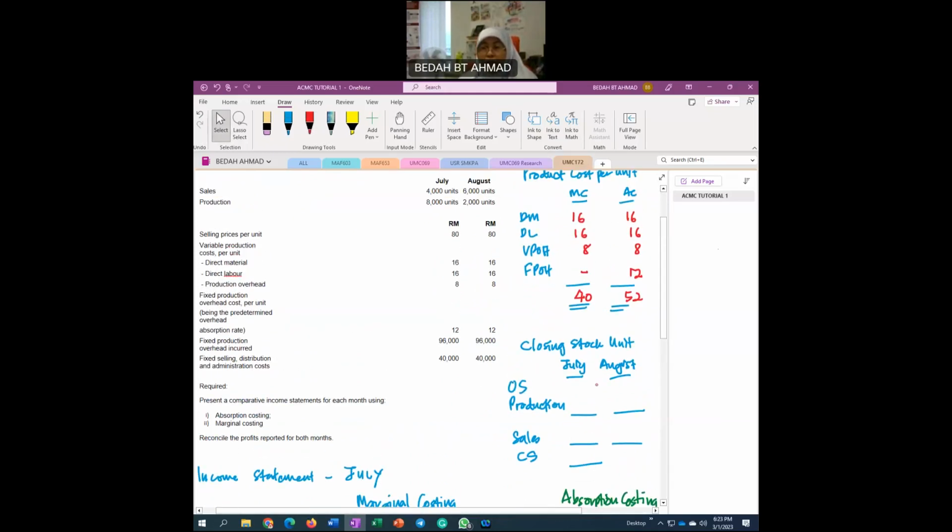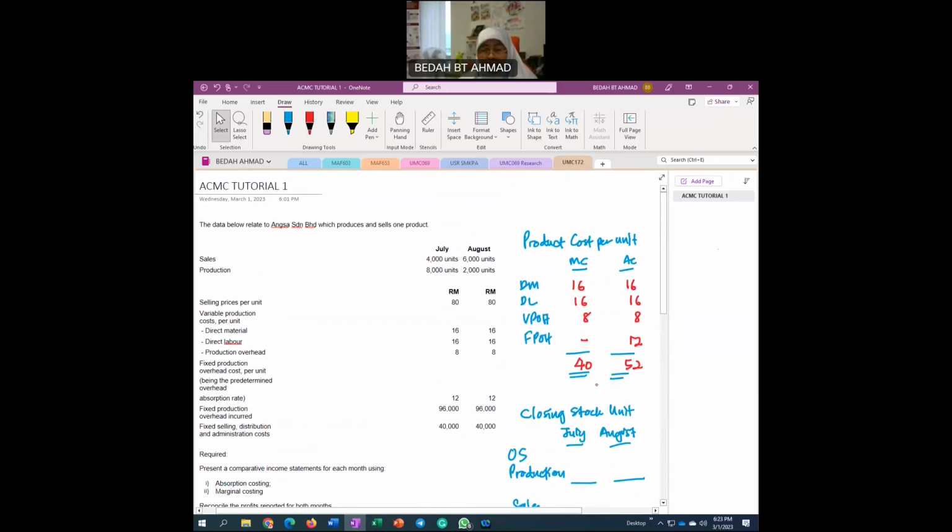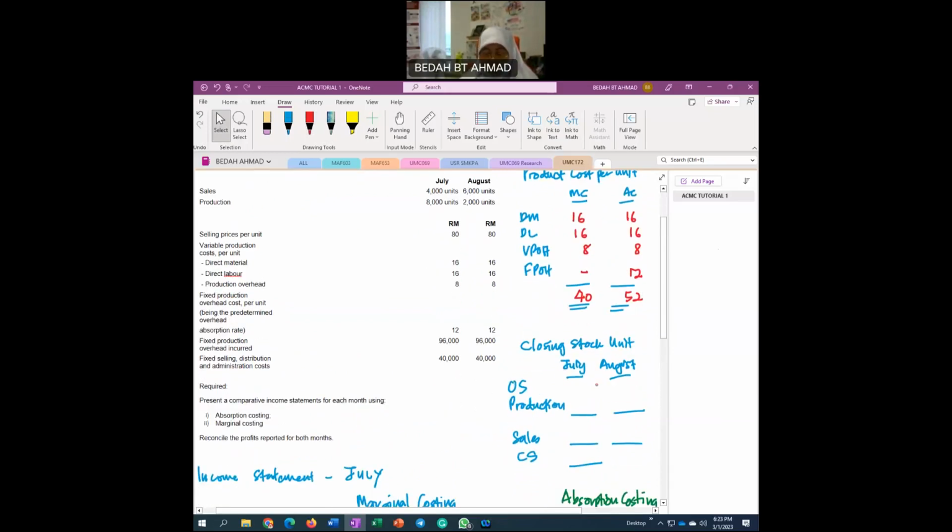Next we will identify our closing stock units. Opening stock is not given in the question, so there is no opening stock, it is 0. Production is 8,000 units and sales are 4,000 units, so the closing stock is 4,000.